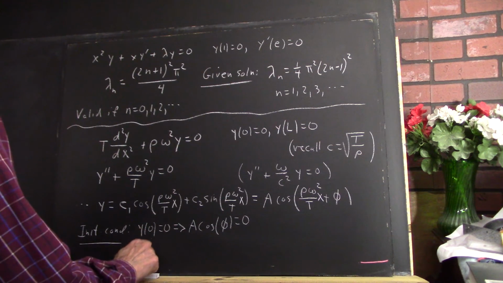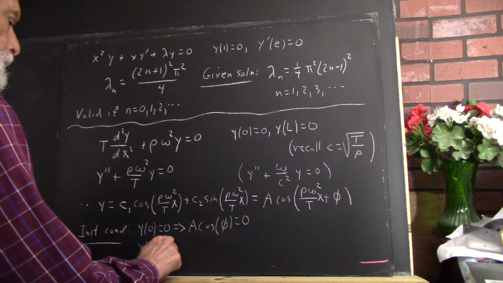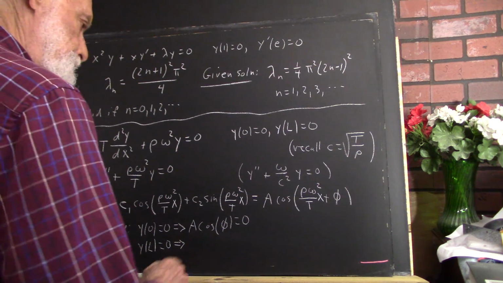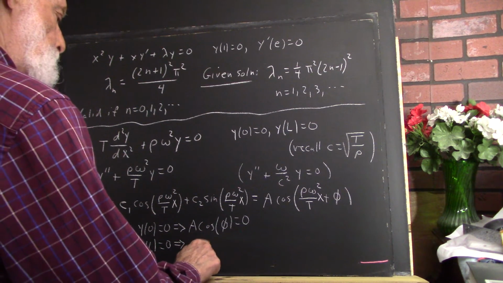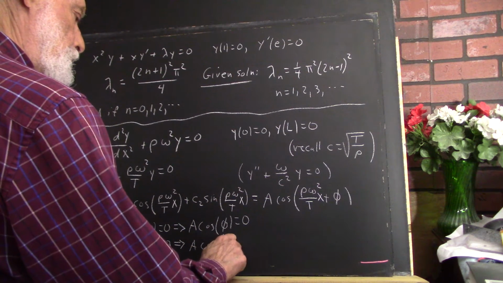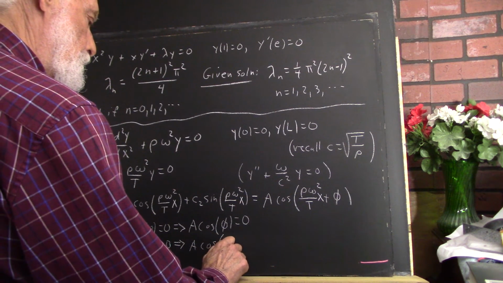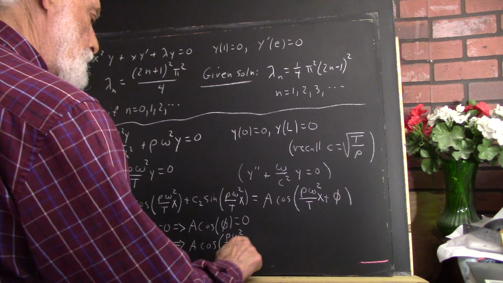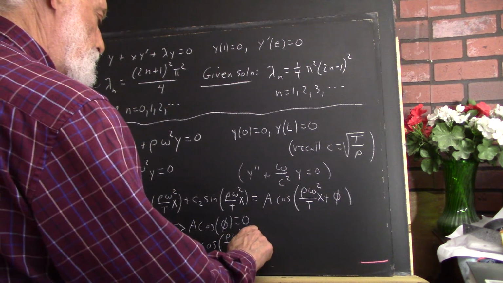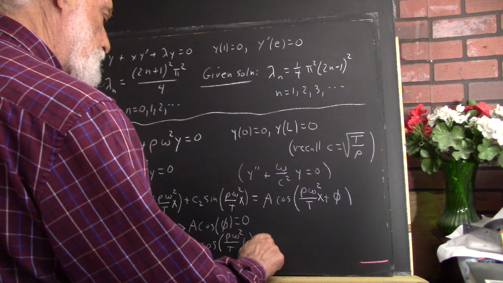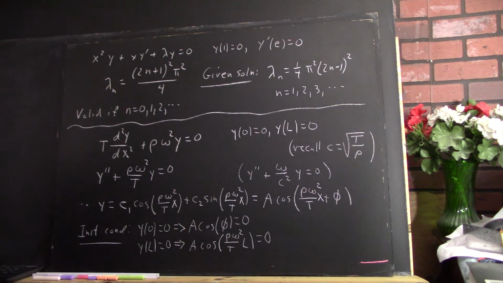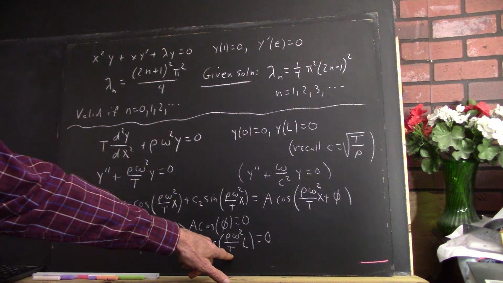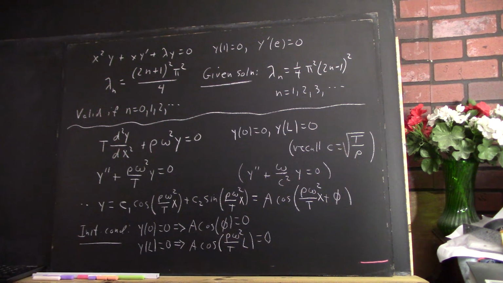And y of L implies that a cosine of the square root of rho omega squared over t times L equals 0.